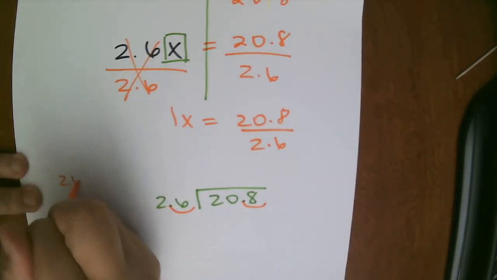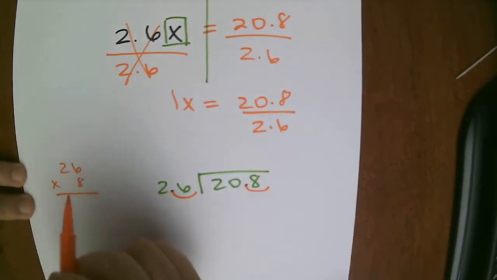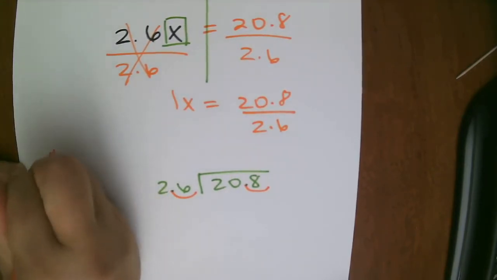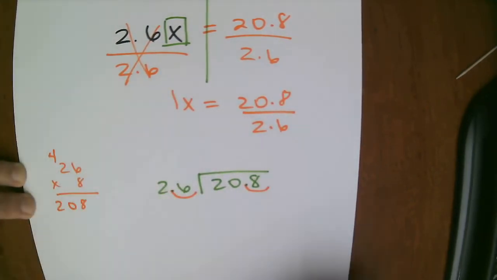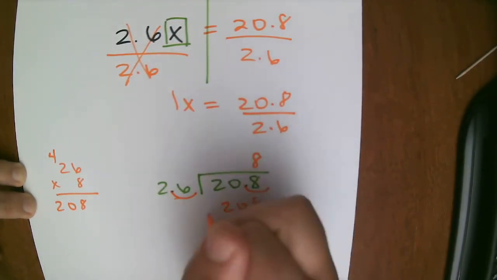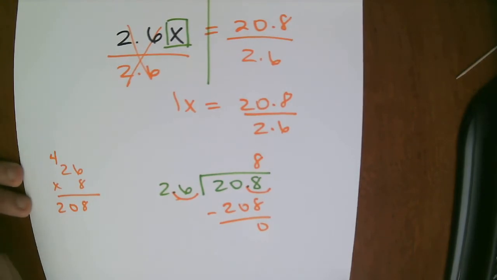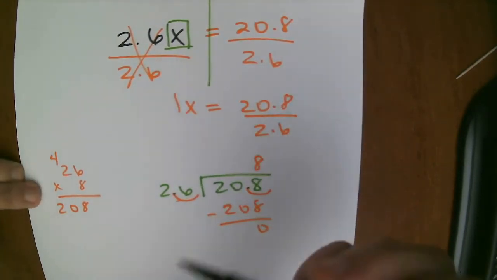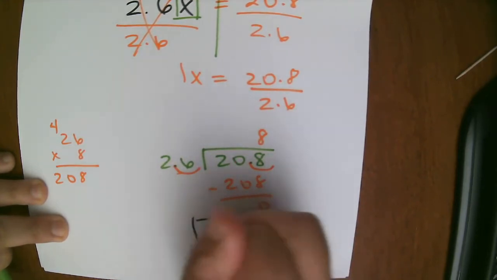Let's see, 26 times 8. 8 times 6 is 48. 8 times 2 is 16, plus 4, 208. Perfect. So 26 times 8 is 208. Nothing left over. So our answer is x equals 8.